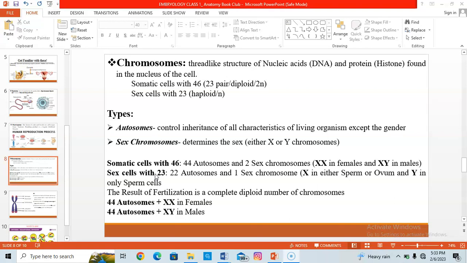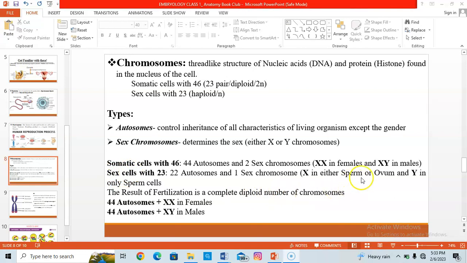Those have not gone into first meiotic division, alright? So those are still somatic in nature. But those that have gone into first meiotic division have 23 chromosomes, which is 22 autosomes and 1 sex chromosome. So these sex cells are either sperm cells or ova.